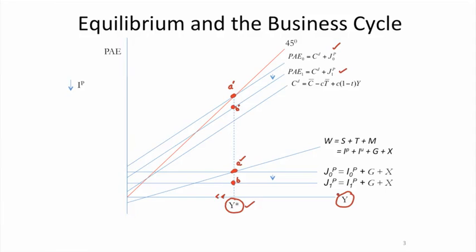Two things happen in response. First of all, the economy's withdrawals move in line with the fall in income. So we get reductions in saving, taxation and imports, and that's shown by a movement down and along the withdrawal schedule.